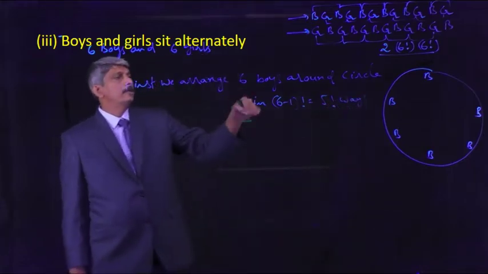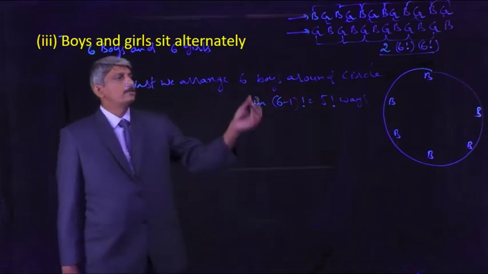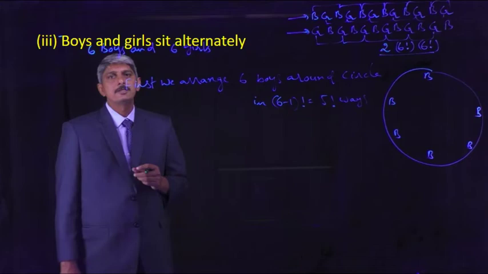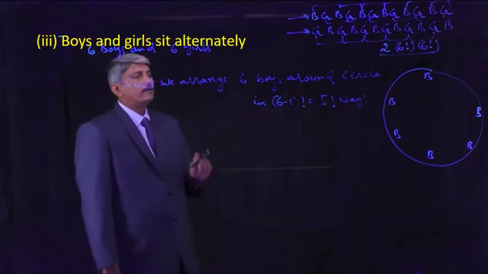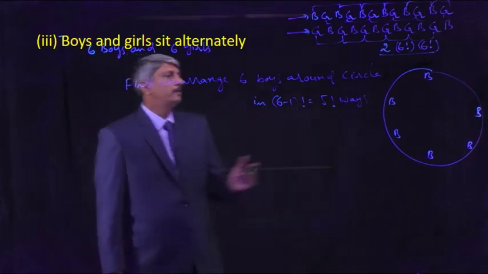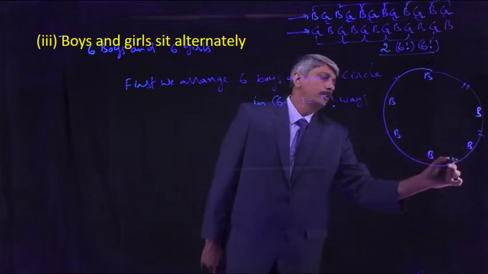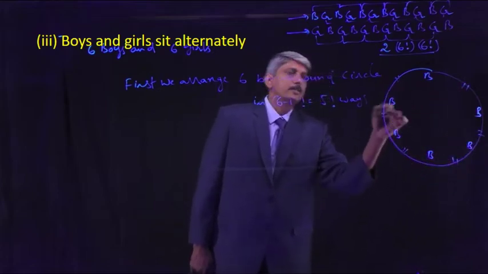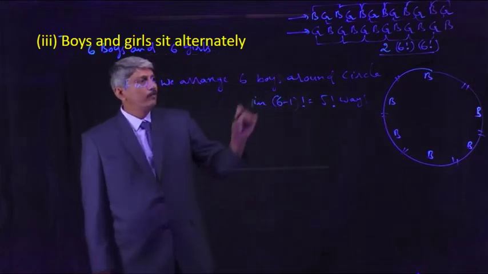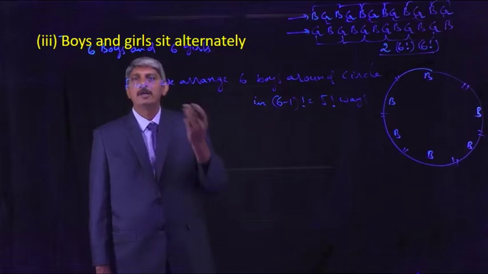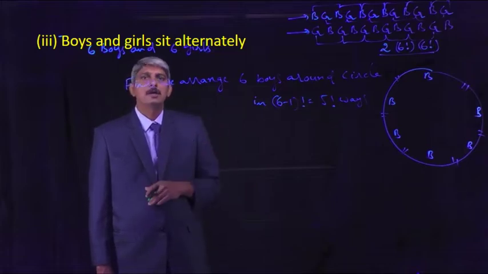After arranging 6 boys around a circle, now we have 6 girls. If 6 girls fill in these gaps, there are how many gaps? There are 6 gaps. If we fill 6 girls in these 6 gaps, then we will get boys and girls alternatively.